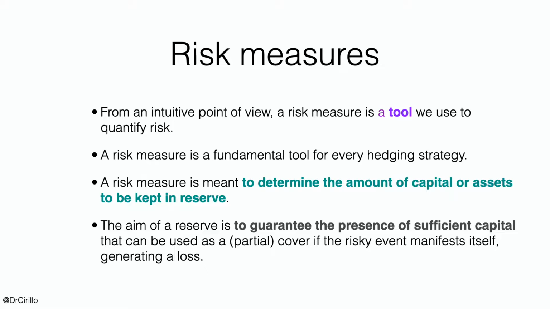Our risk measure is meant to quantify the amount of capital or assets that we need to keep as a reserve. The aim of a reserve is to guarantee the presence of sufficient funds that can be used as a partial cover if a given loss manifests itself. Even if we will not enter into the details here, too formal and theoretical for us, in risk theory one can define the so-called acceptance set as the set of all the outcomes of an investment that are acceptable for an agent.